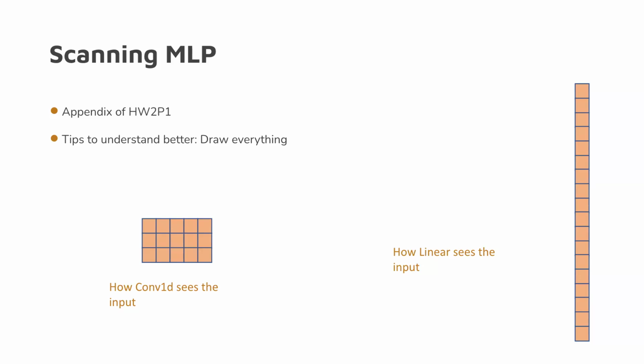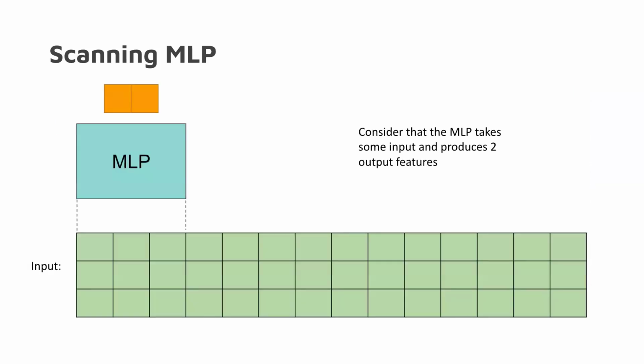Here you can see that typically for a convolution layer, you have a height and a width, here a height of 3 and a width of 5. But for every linear layer, as we've seen in homework 1, part 1, the input has to be flattened, so it would be about 15 elements. Consider that the MLP takes some input.